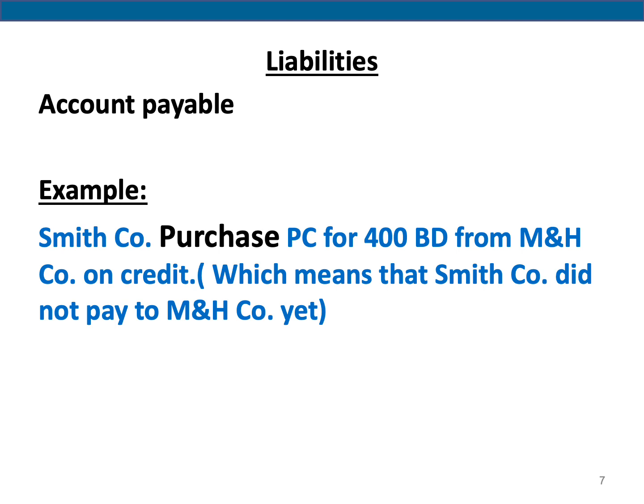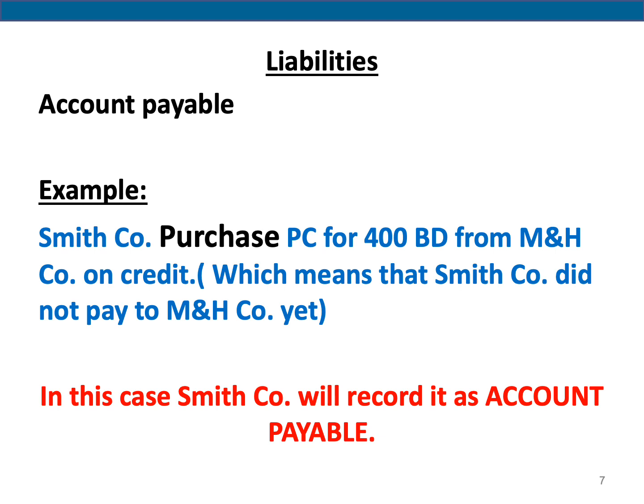In this case, Smith company will record it as accounts payable. So accounts payable means that a company purchases from another company on credit. Me as a company, Smith company, the company that purchases the PC, I now have an obligation.